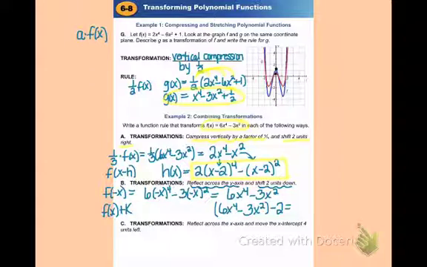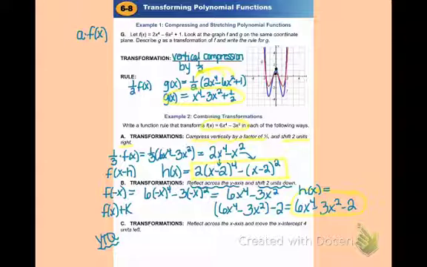And then that would just leave us with 6x to the 4th minus 3x squared minus 2. And that's our final function, which we'll call h of x. So that's our h of x equals that. And let's go ahead and leave C as a you-try question.